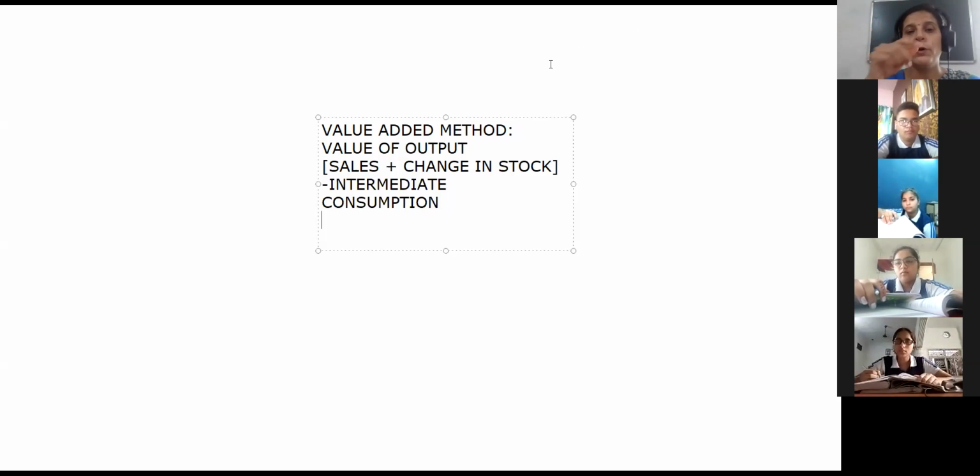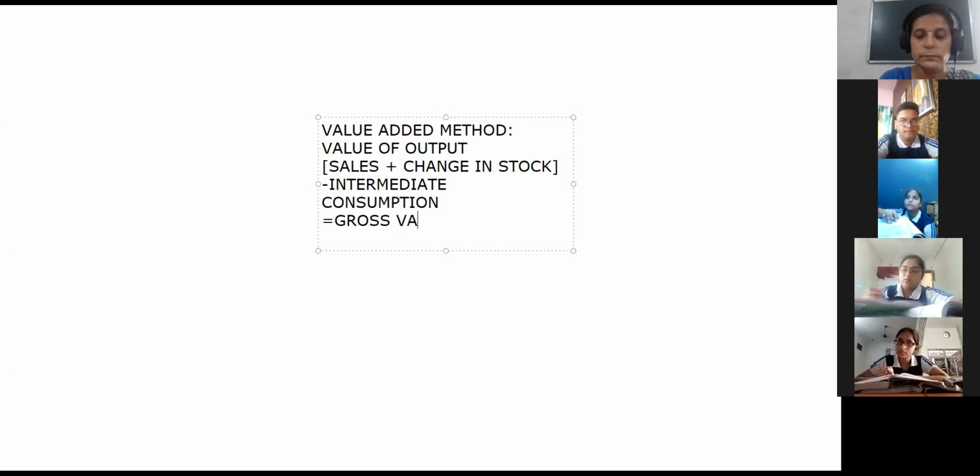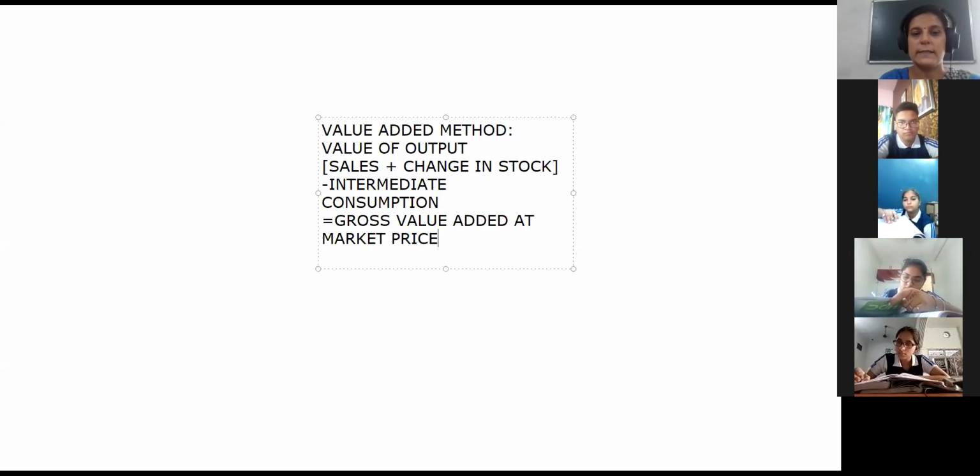So value of output minus intermediate consumption is the main component, and after this we get gross value added at market price.